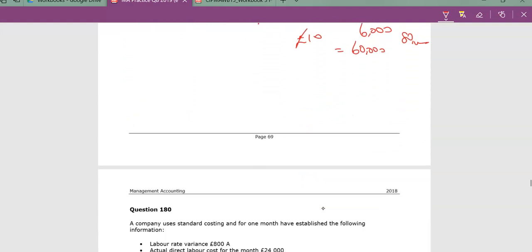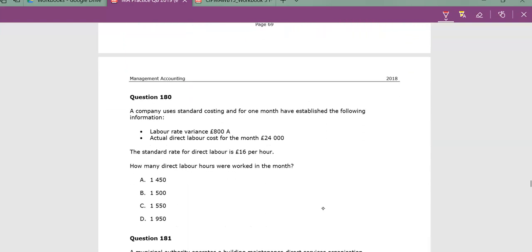And question 180, slightly similar again. This is what you actually did. You should have done 24,000 minus 800, so 23,200. We're expecting you to go out there at 16, buy a certain number of actual hours and come back with 23,200.